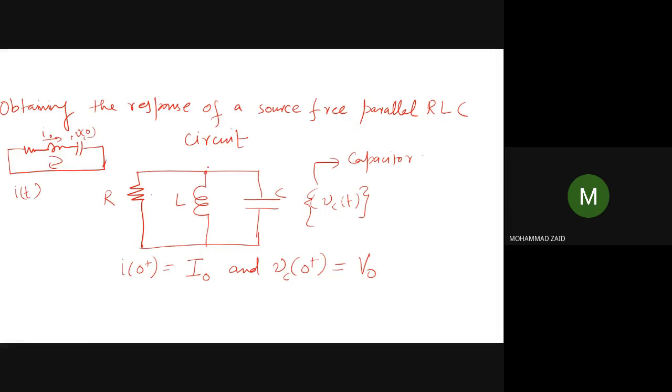At this node, the currents coming out must sum to zero. Writing KCL at node A, we can write that IR plus IL plus IC is equal to 0.